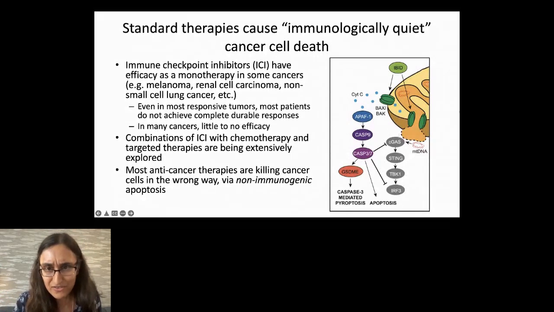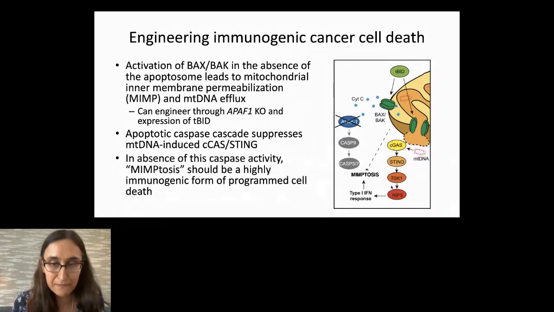Okay, so that's, if you can see my cursor here. So what the cell death field has recently realized is that if you can activate BAK in the absence of the apoptosome, you actually get inner membrane permeabilization and efflux of mitochondrial DNA into the cytoplasm, and if you can shut off this apoptotic cascade, you get an induction of cGAS-STING.